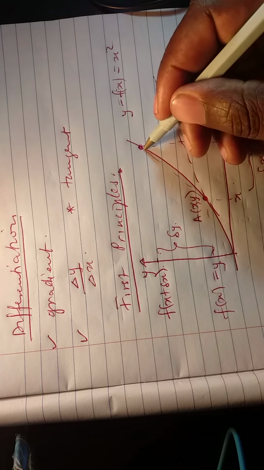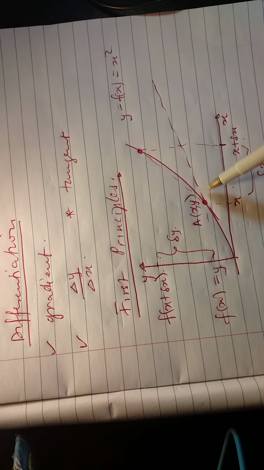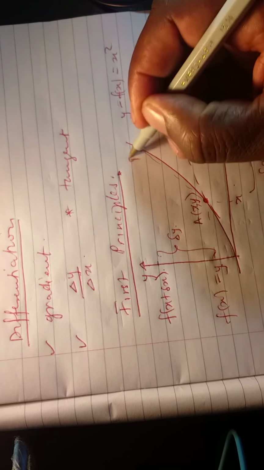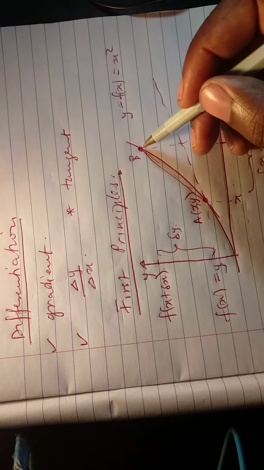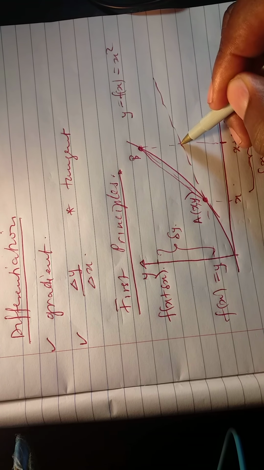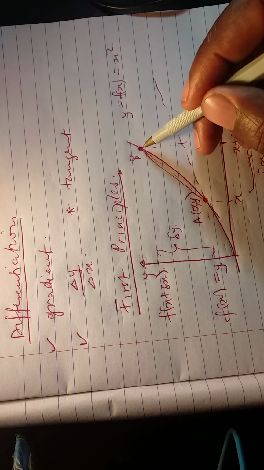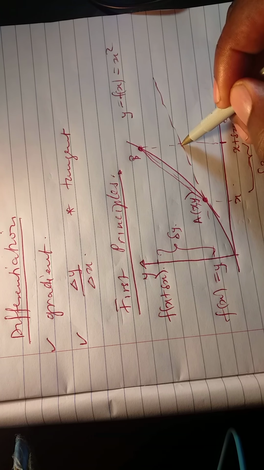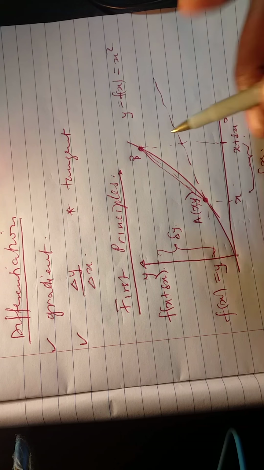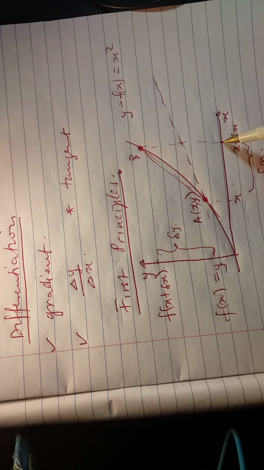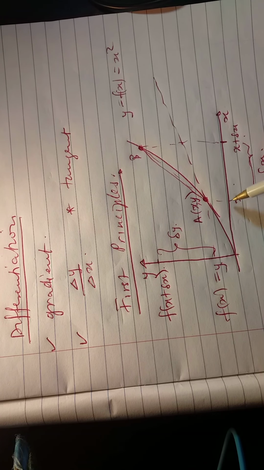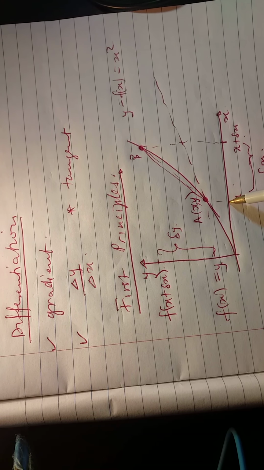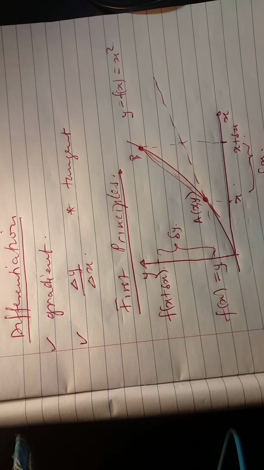And what we are saying is, if we want to find the tangent here, which is going to give us the gradient, we will have to reduce this line AB. We'll have to move this line AB to become the tangent. So by so doing, I am reducing this small increase in x back to x, so that the small increase becomes 0.